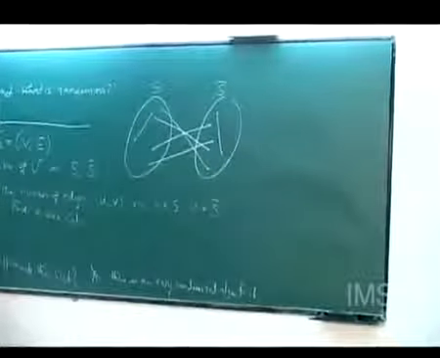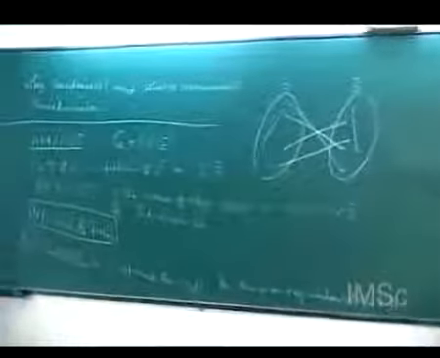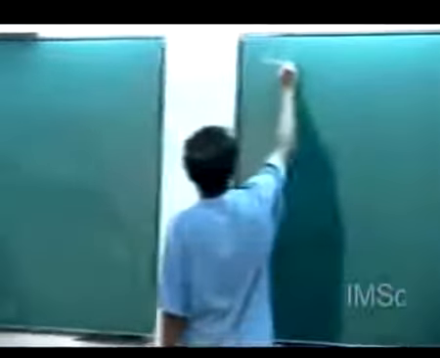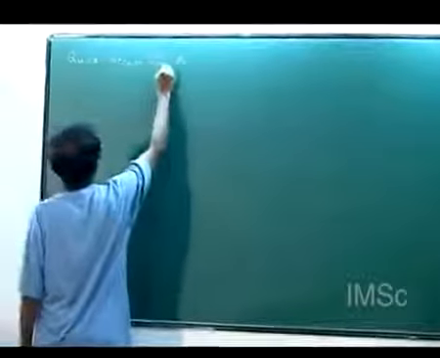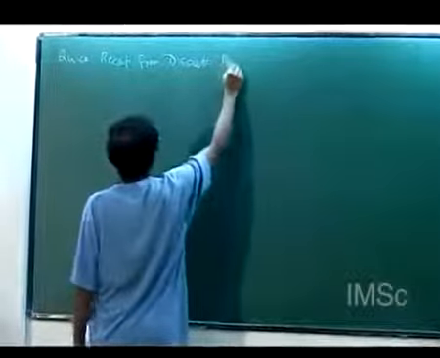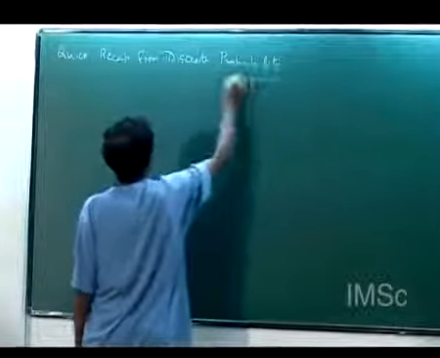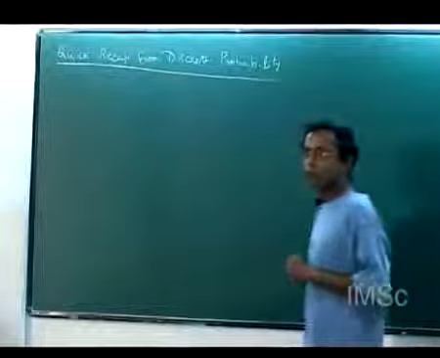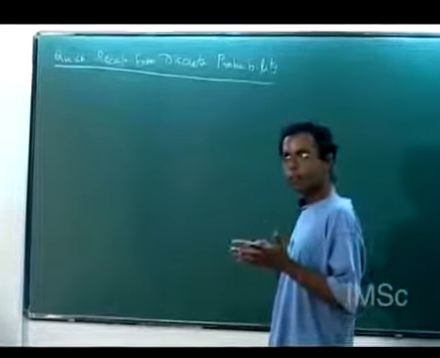Okay, so before doing that, let me quickly recap a few things from discrete probability. Probably all of you know. I'm assuming that you are familiar with terms like sample space or random variable.